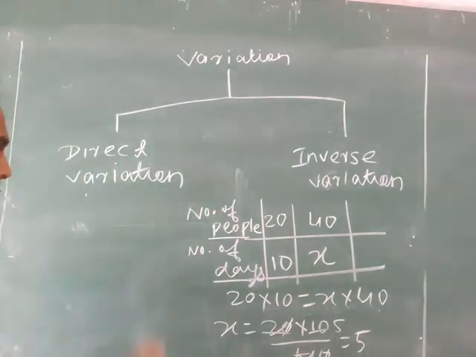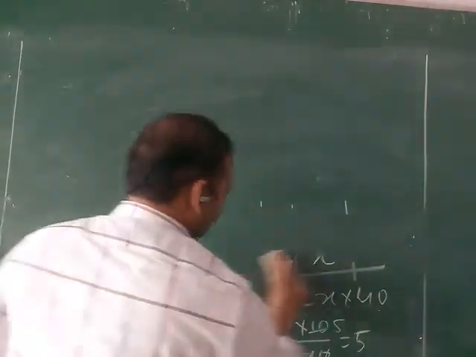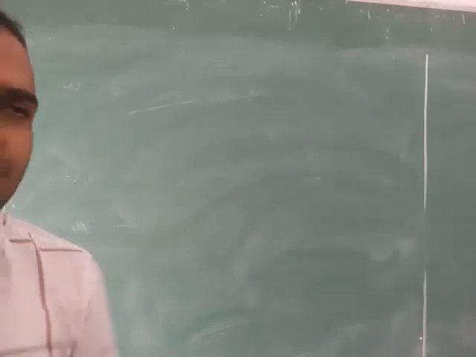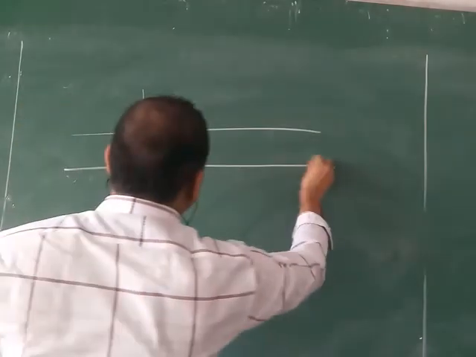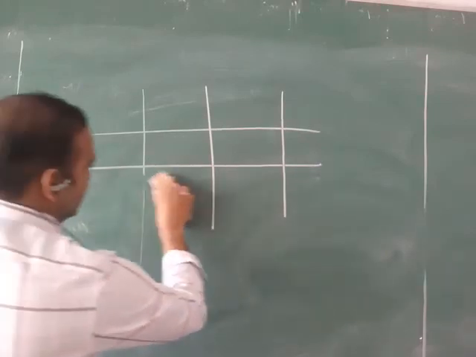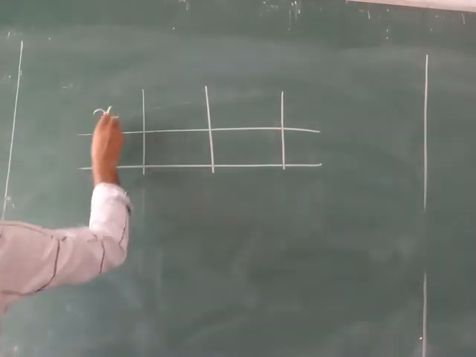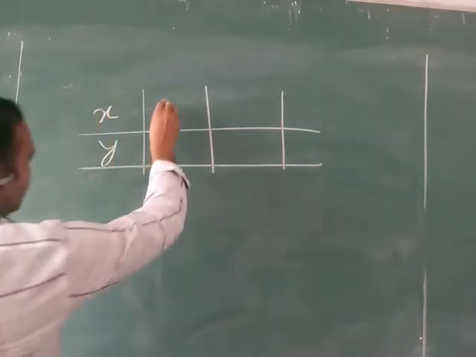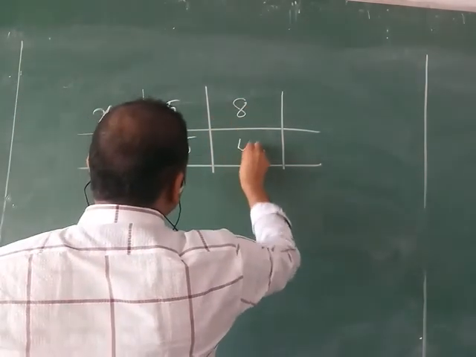Now, how to check whether the given data is in direct variation or inverse variation. This one is x, this one is y: 5, 25, 8 and 40.